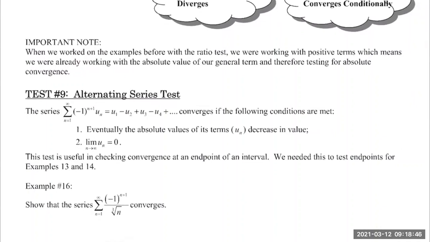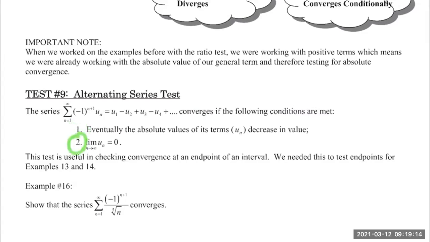For this test, notice that the terms are alternating on this series. What we want to know is, if I take the absolute value, whether the terms are getting smaller. So this test is really easy. You just write out the conditions that you want, and then you double check whether those conditions are true. The first statement is that the terms are getting smaller.